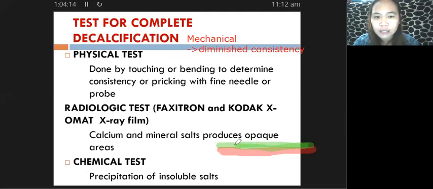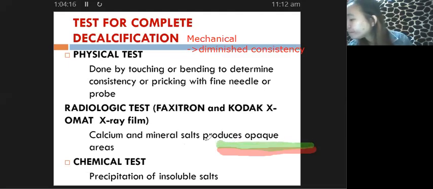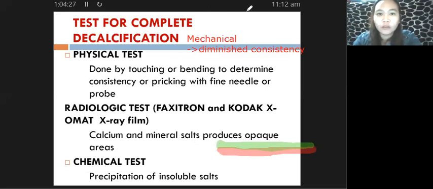Polyethylene sheet. So I repeat, you have here your X-ray film, the red one.